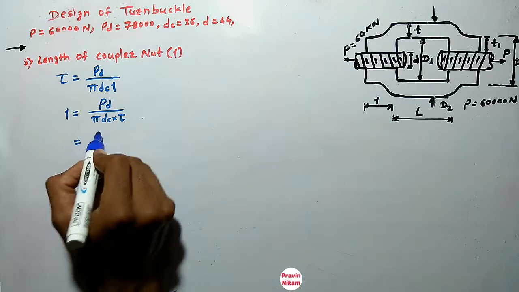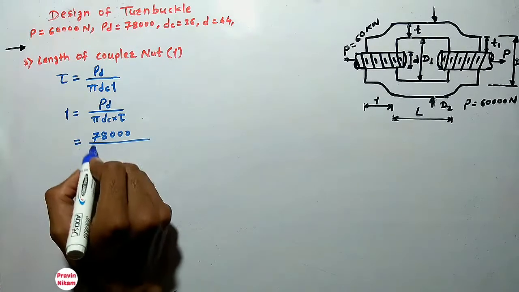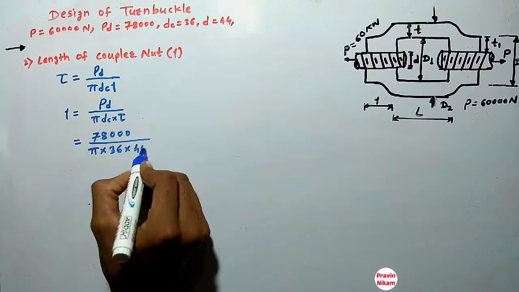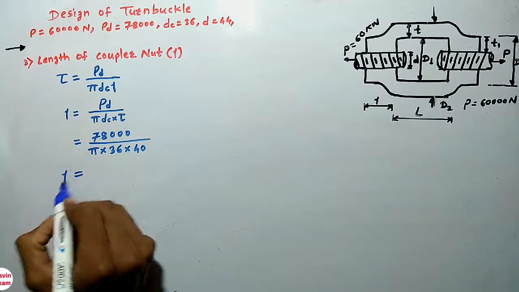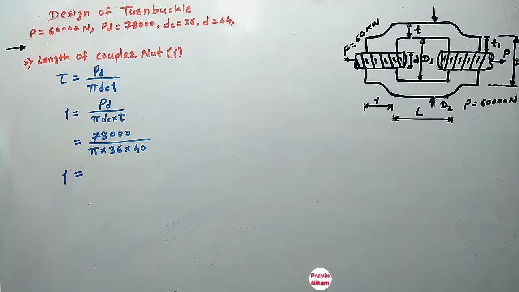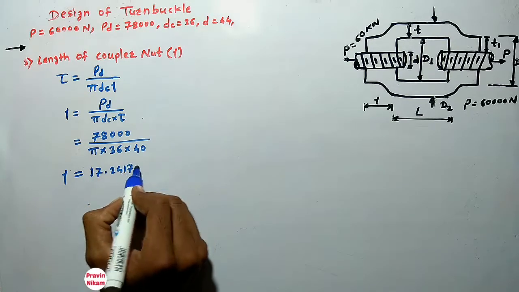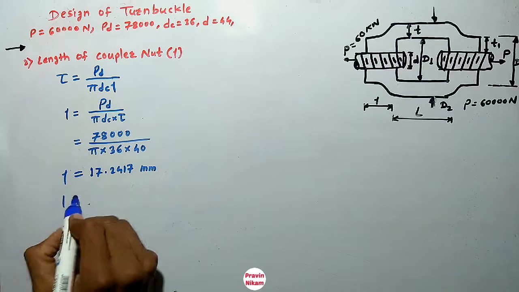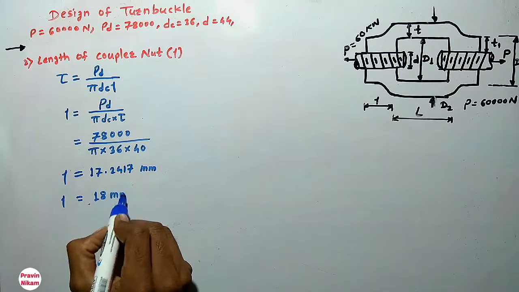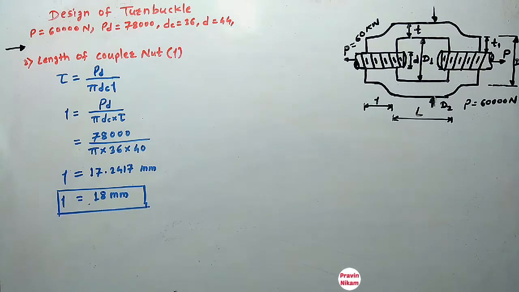This is simple mathematics. So PD is 78,000 divided by pi into DC, which is 36, and tau for the coupler nut is 40. Let us put these values in your calculator. You will get 17.2417 mm. Let us round up this value. So L is equal to 18 mm. The length of the coupler nut is 18 mm.